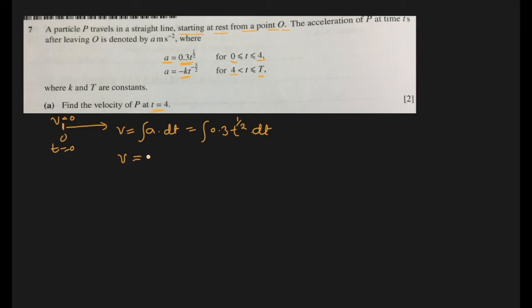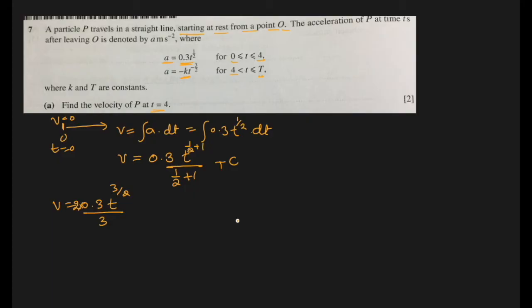So V equal to 0.3 is constant, keep it safe, t to the power 1 over 2 plus 1 divided by 1 over 2 plus 1, plus C. So V becomes 0.3 t to the power 3 over 2 over 3, and I'm not writing over 2 here, I'm multiplying 2 with the numerator, because denominator of a denominator can be written as a numerator.